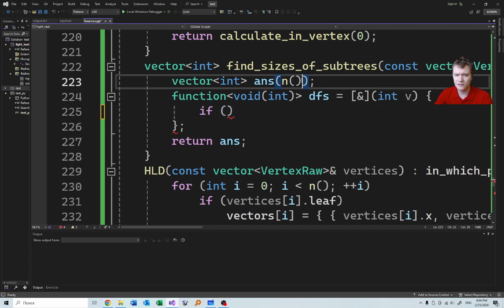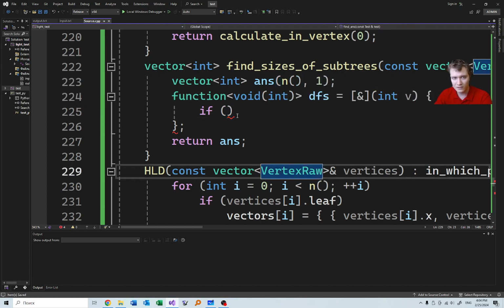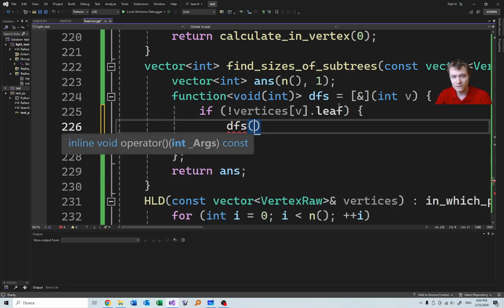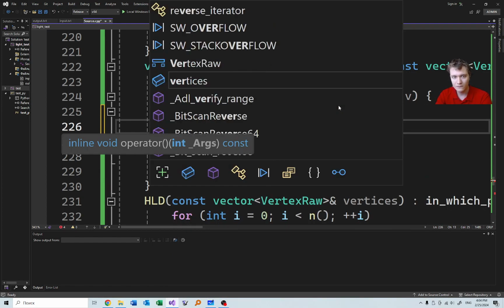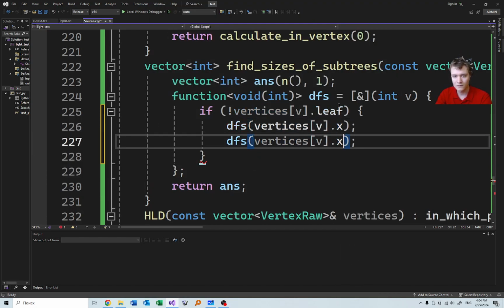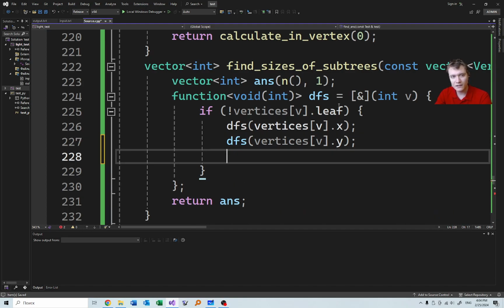So let's just say that initially it's all ones. So if vertex v is not a leaf, then we need to run DFS for both children and add their sizes to our size.